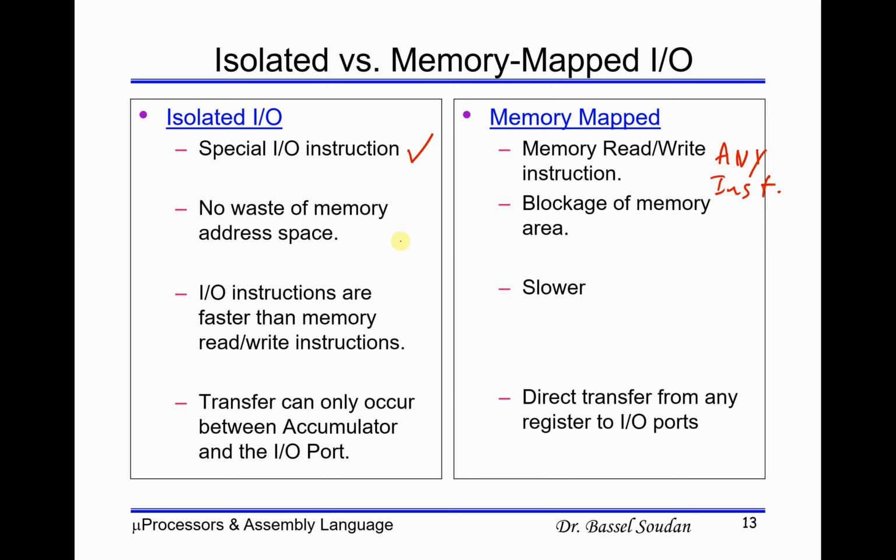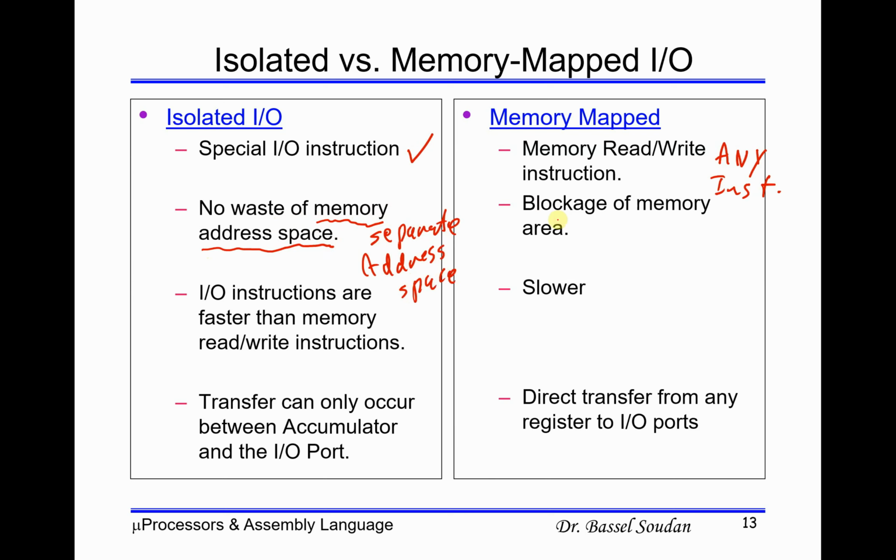The second difference is an advantage for the isolated I/O over the memory mapped. Here I'm not wasting any of the memory address space for the input output devices, because I have a separate address space.